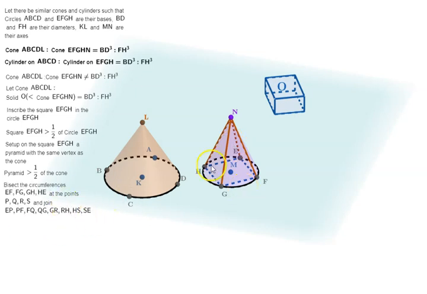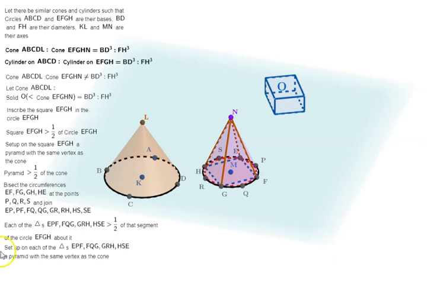We bisect the circumferences EF, FG, GH and HE, and we join those points to form a polygon. Now, if you look at this, each of the triangles EPF, FQG, GRH and HSE is going to be greater than half of the segment of the circle about it.